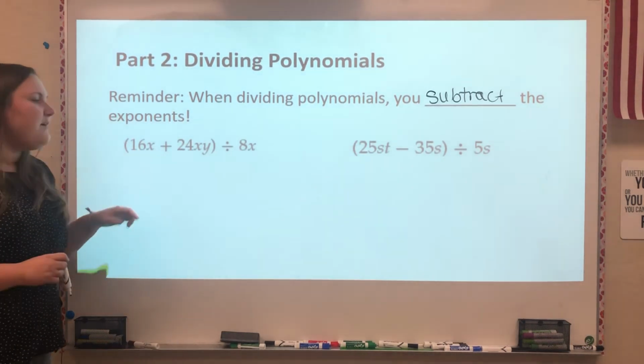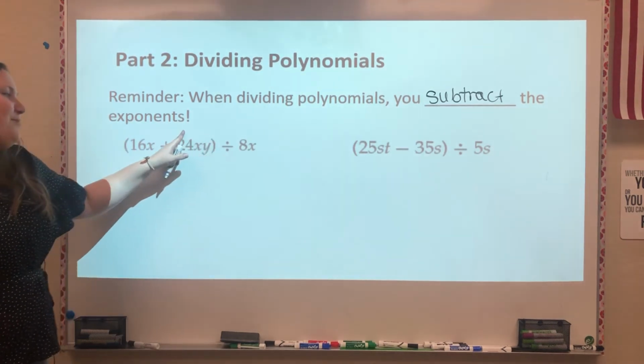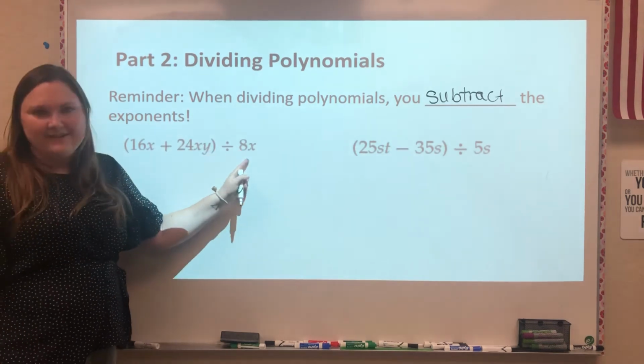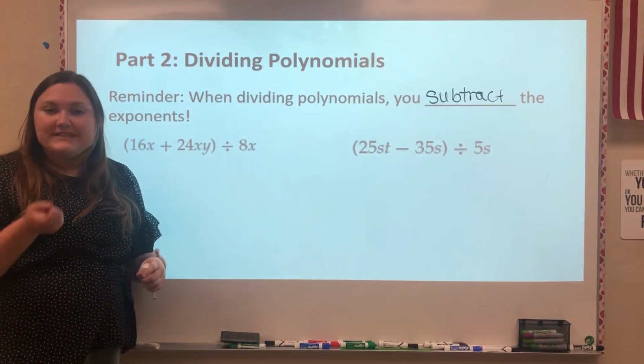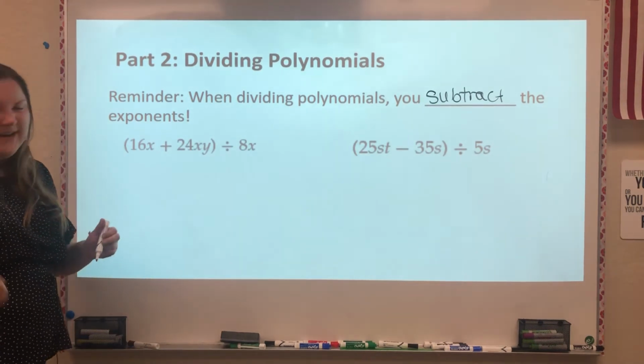This first problem, notice the use of parentheses. They've got parentheses around this binomial. What that means is we're taking this binomial and dividing the entire thing by 8x. Oftentimes what helps students with these is rewriting it to look more like a fraction.